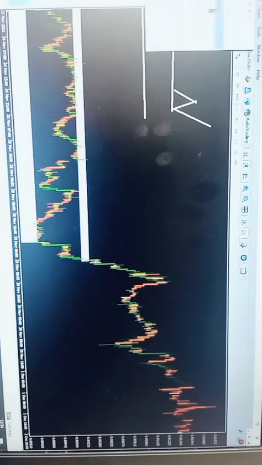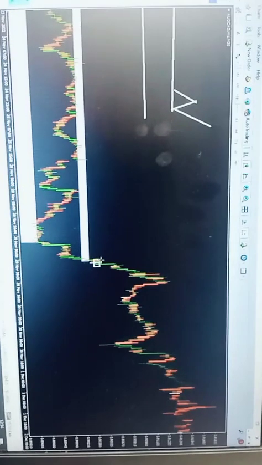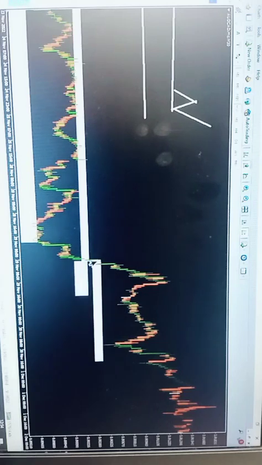What is this thing? Rally base rally and drop base drop. They are important in trading, guys. You have to pay attention to them. You can trade the actual rally base rally, and then you can trade it when it comes back for the first time. This is the actual formation of the rally base rally. It is tradable.